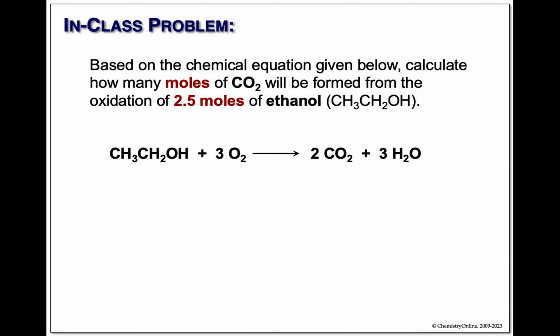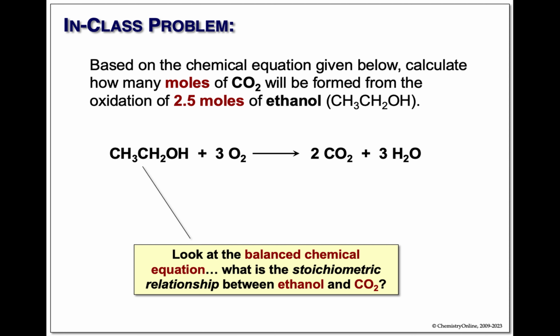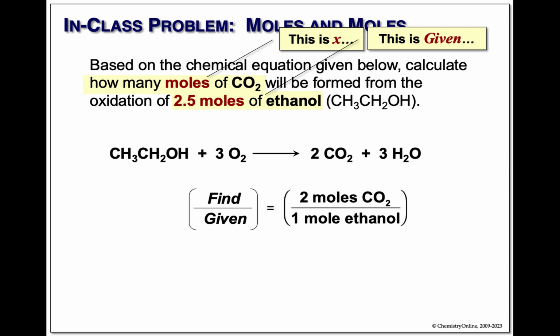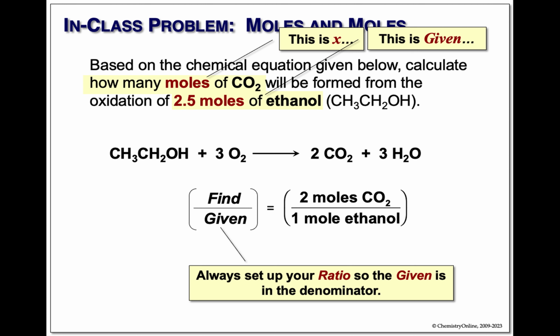The ratio from our balanced equation is 2 CO2s for every ethanol. We always set this up with our given in the denominator. What we're trying to find is going to be X. So moles of CO2 is X. Moles of ethanol is our given.